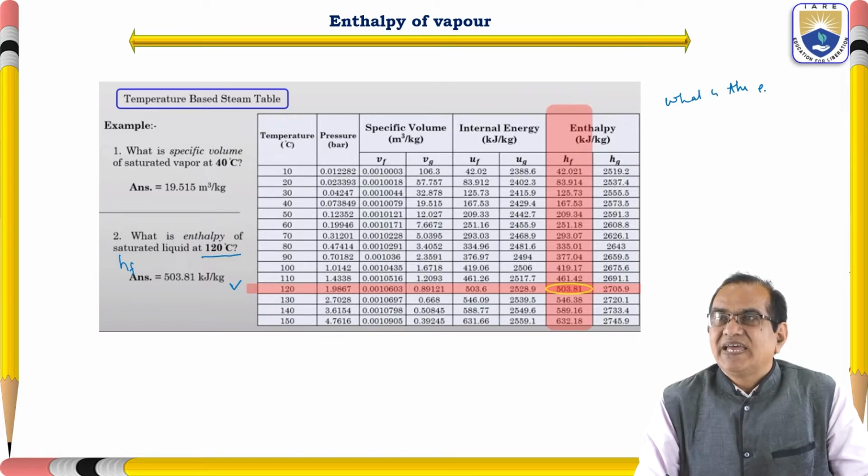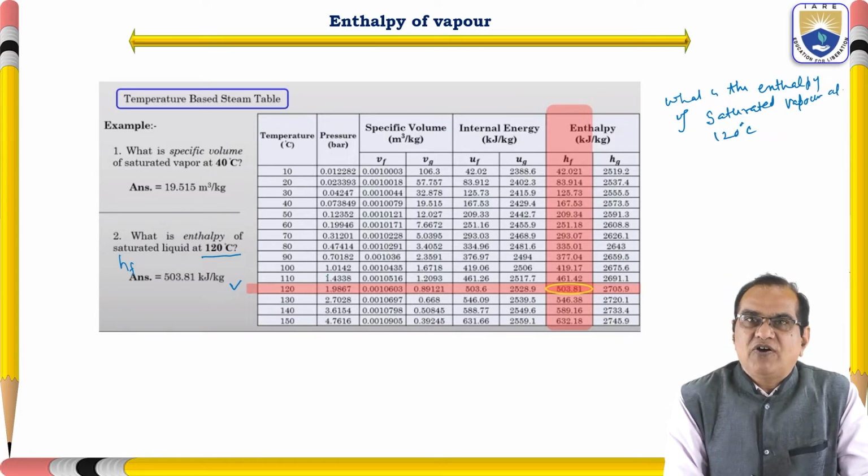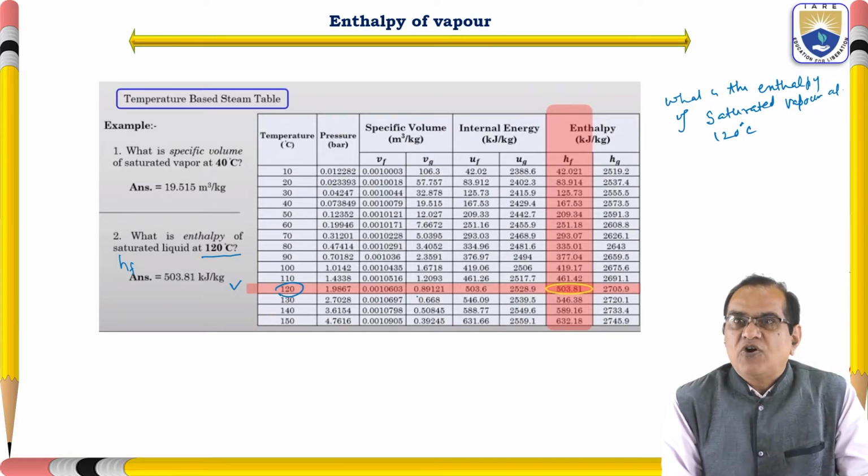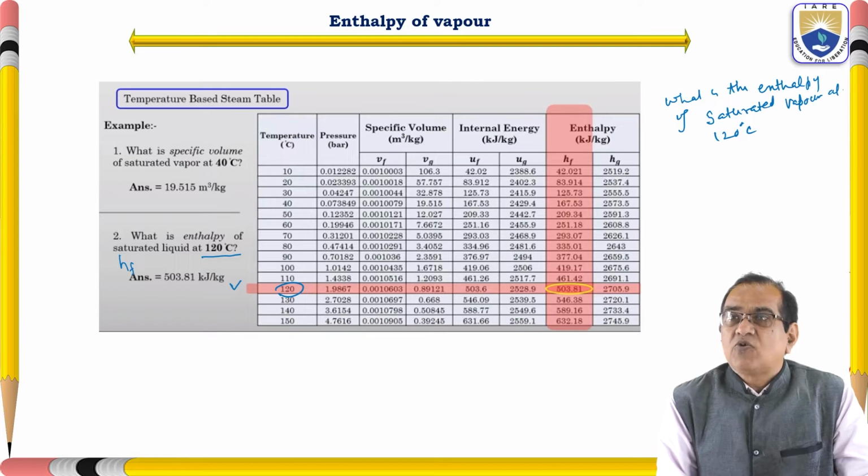But if I give the question, what is the enthalpy of saturated vapor at 120 degrees centigrade? So how will you find out? First you have to go to 120 degrees centigrade and go in this line straight and then go to Hg.